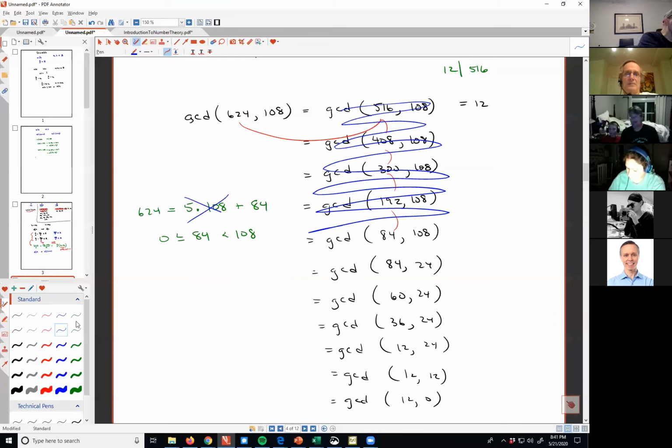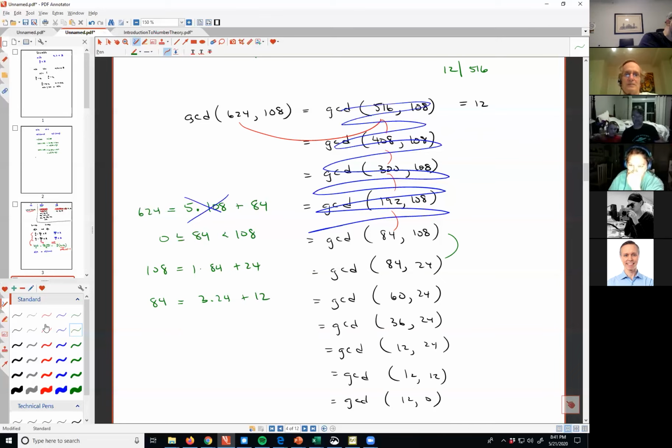And then do the same thing again. We can write 108 as 1 times 84 plus 24. And okay, well, that didn't shorten anything. 84 is equal to 3 times 24 plus 12.